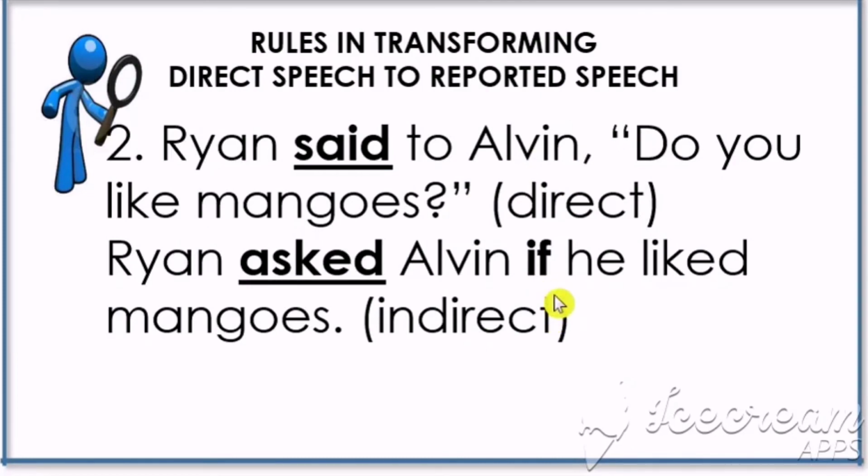If you was changed into he. And then the tense of the verb was changed into past tense, liked. Mangoes, ends with a period. So here is our reported speech. Brian asked Alvin if he liked mangoes.